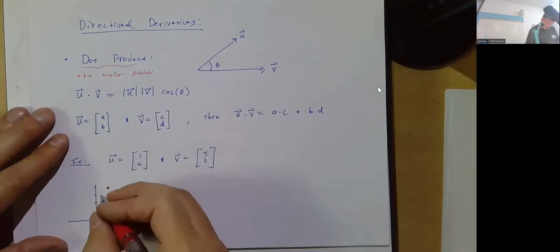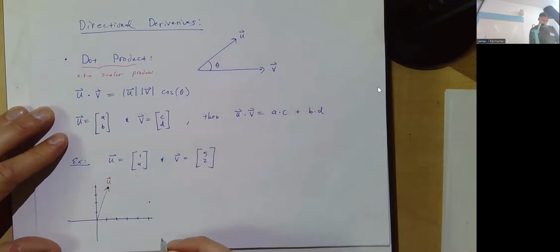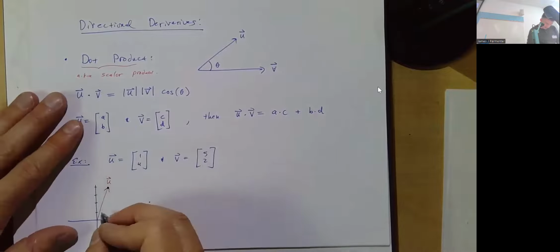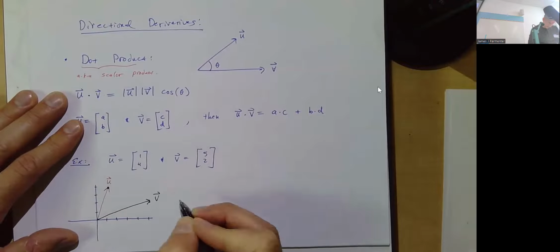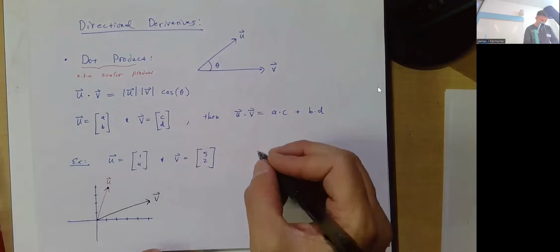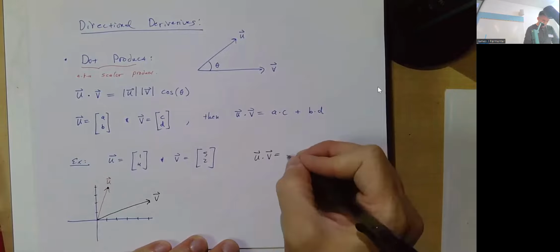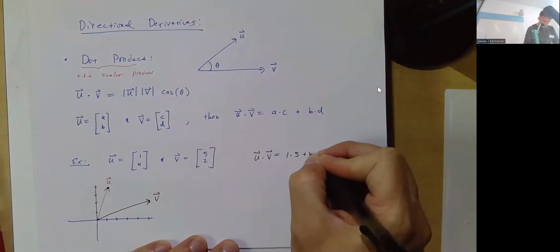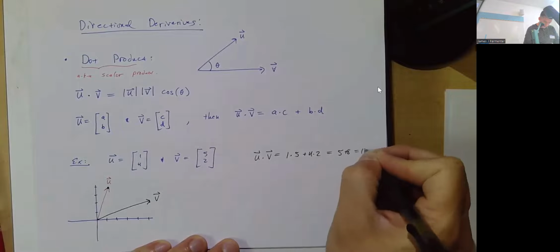So maybe there's u in red, and here's v in black. I don't know what the angle is between them. I mean, I know it's less than 90 degrees. If I worked really, really hard, I could probably find it, but that's not the point. The point is that I can find u dot v by just calculating 1 times 5 plus 4 times 2, which is equal to 5 plus 8, which is 13.